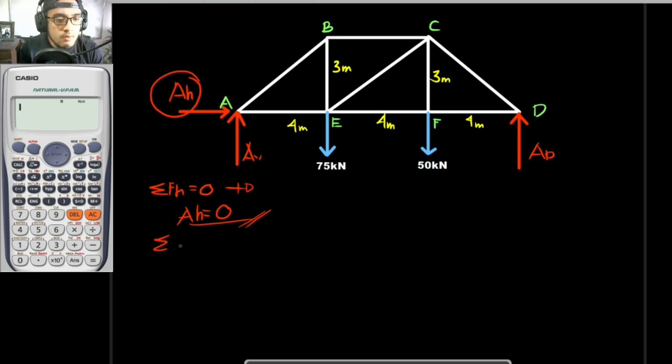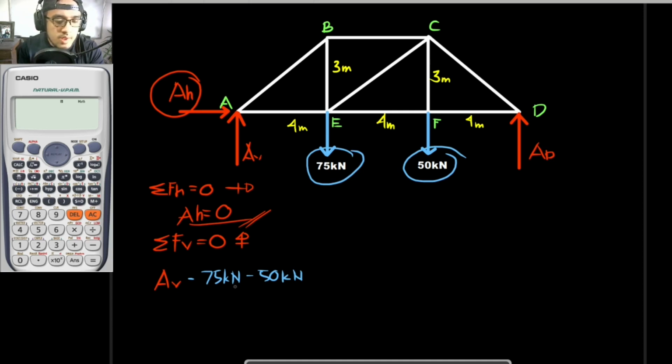And as for your summation of forces vertical, if that is to be 0 and I would be assuming upwards is to be positive, so AV, that is the vertical reaction of A, minus 75 kilonewtons minus 50 kilonewtons. These would be these two forces right here, and they are negative since they are downwards. As for your AD, that would be positive since it is pointing upwards, so plus AD. So it is equal to 0.